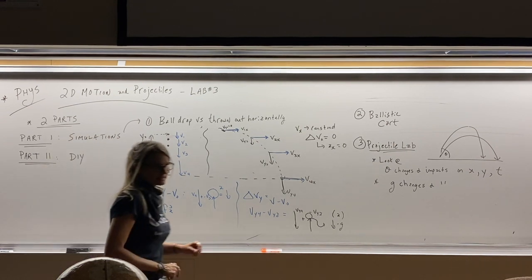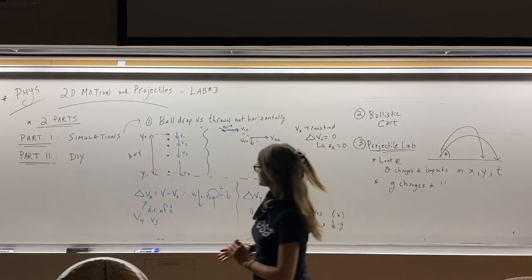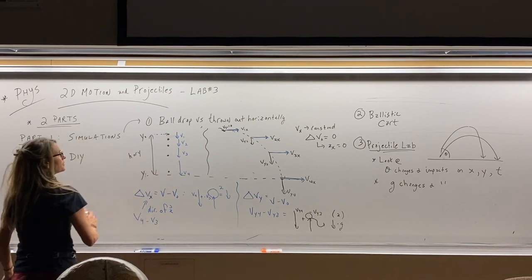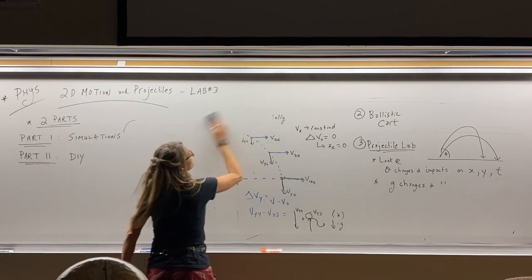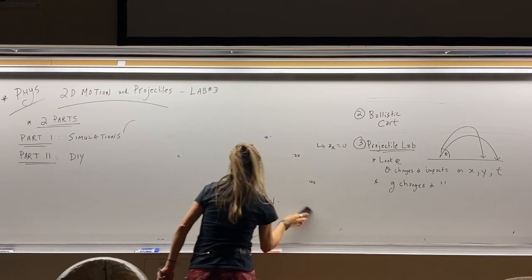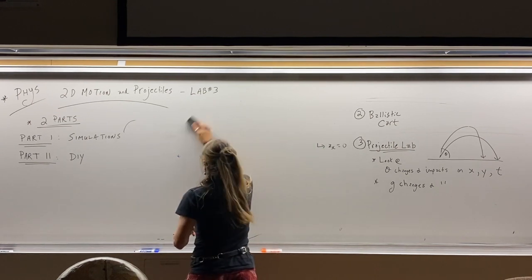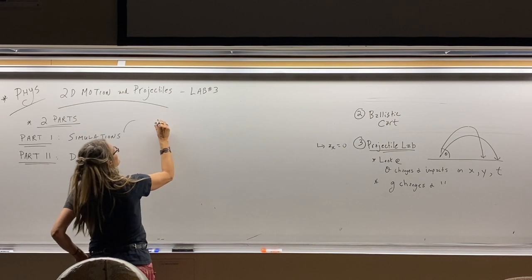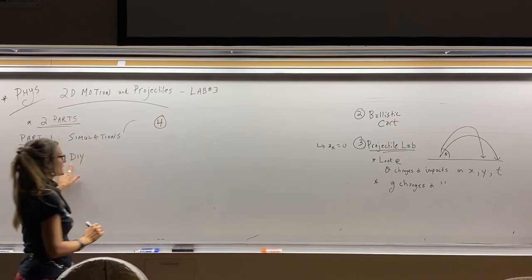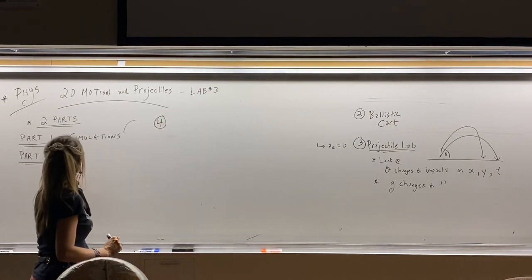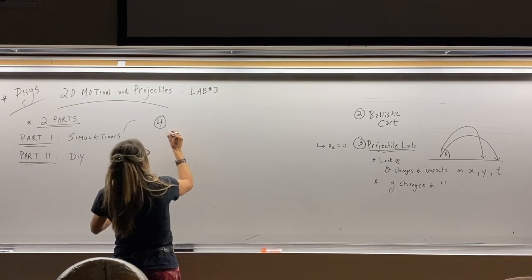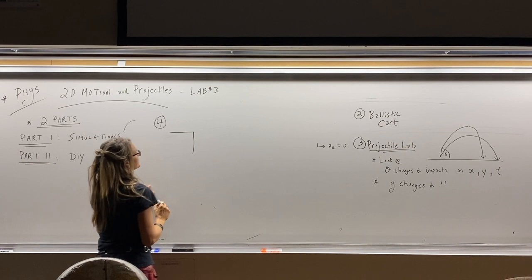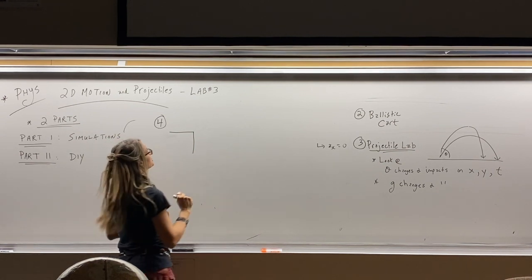All right, now the fourth simulation is going to correlate with your do-it-yourself experimentation at home. The fourth experiment is looking at this relationship between your range and your height.